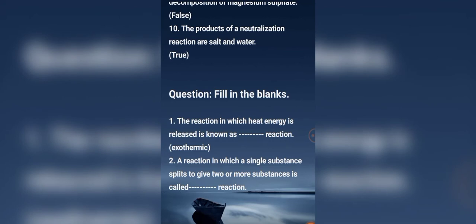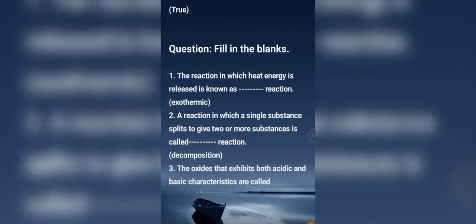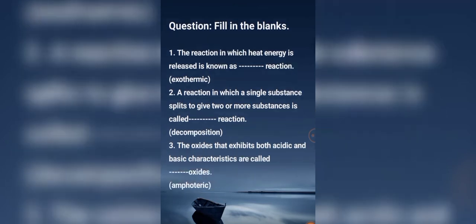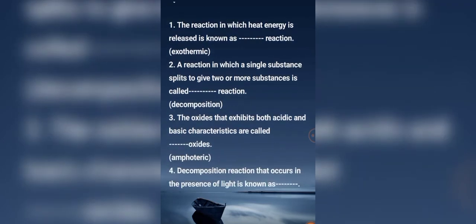The reaction in which heat energy is released is known as dash reaction: exothermic reaction. A reaction in which a single substance splits to give two or more substances is called dash reaction: decomposition reaction. 3.